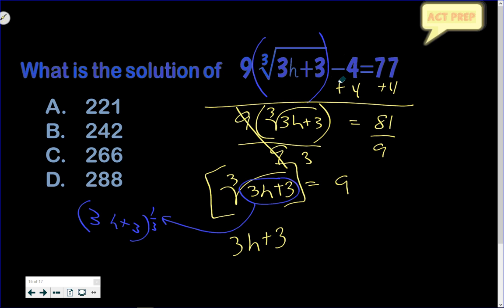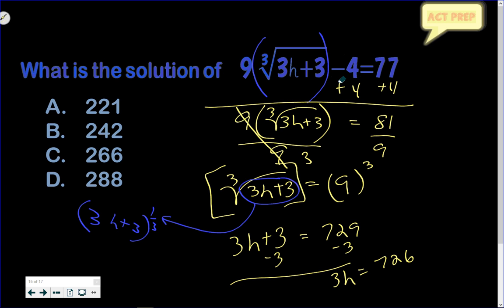If I cube the left side, I got to cube the right. What's 9 cubed? 729. And then what? Subtract 3. 242. What's my answer?